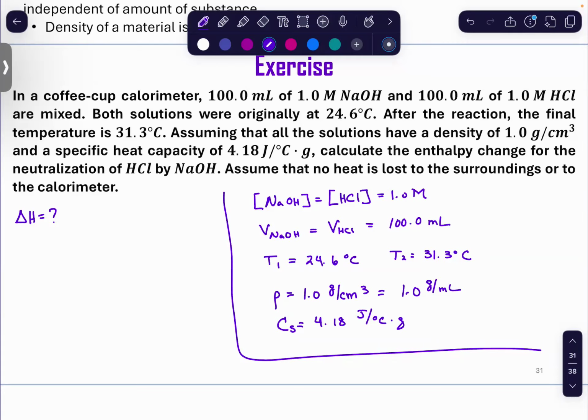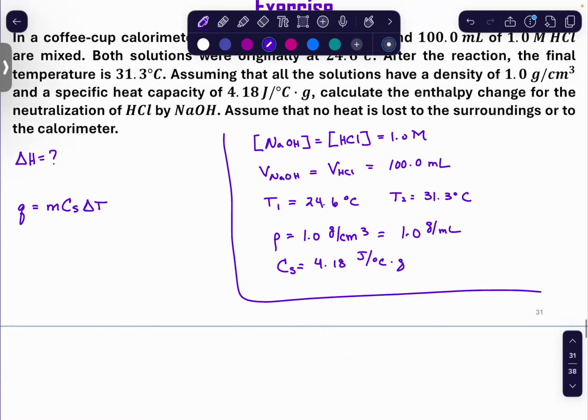So since we were able to measure the temperature change of the environment, the Q we're calculating is for the solution. Q equals m c delta T.